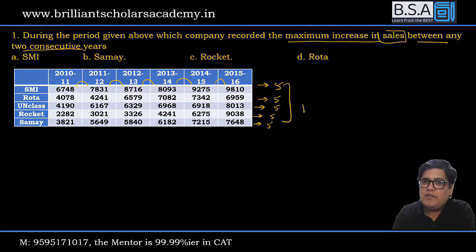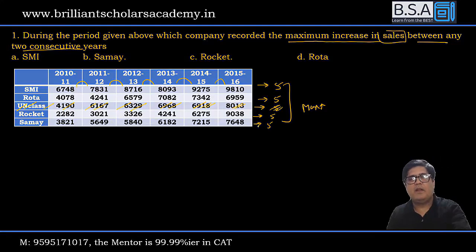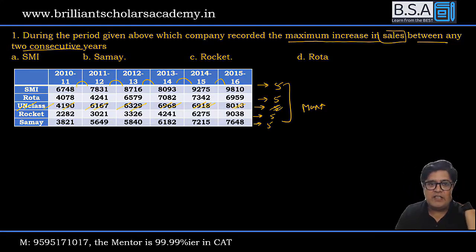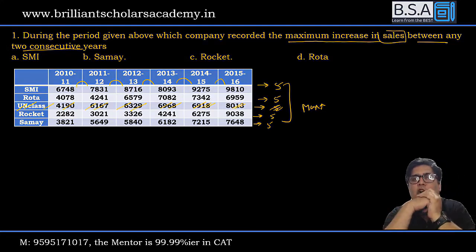And out of these, which one is maximum? It's a plus-minus question. One thing is good, Unclasses is not even among the options, so you don't need to check it, and you save some effort. Go on, create a strategy and a thought process for this.